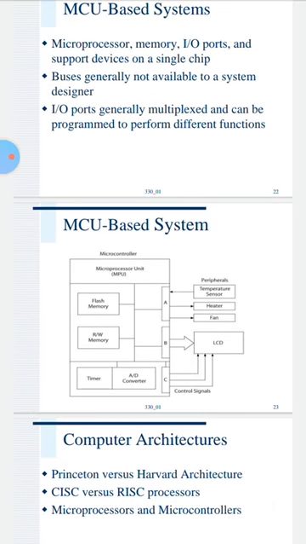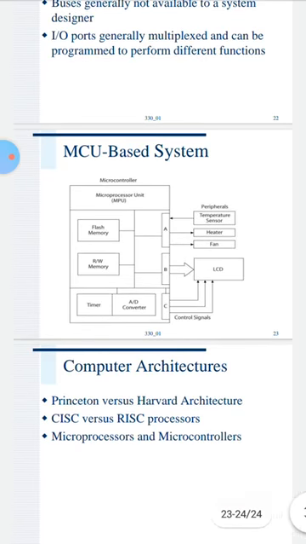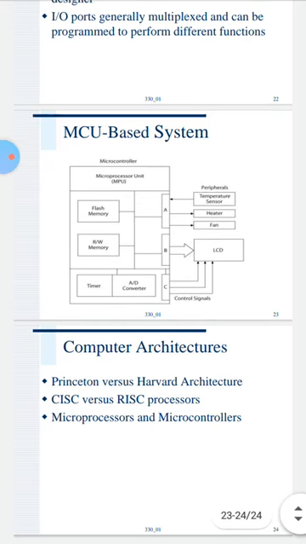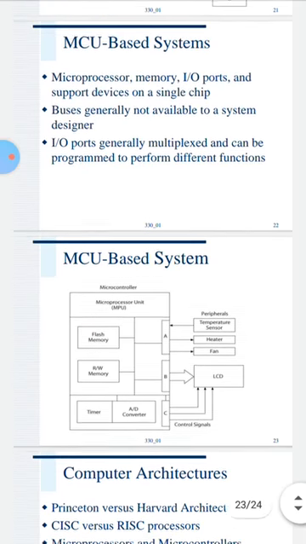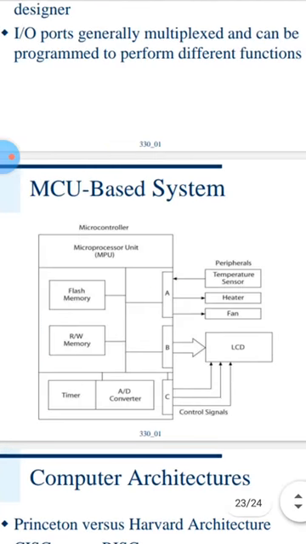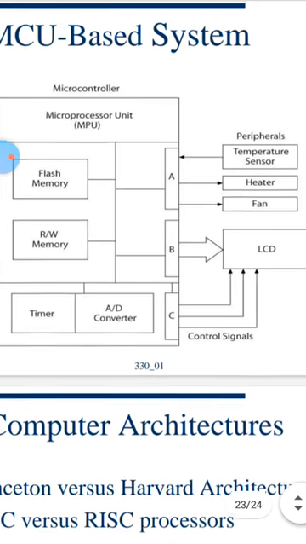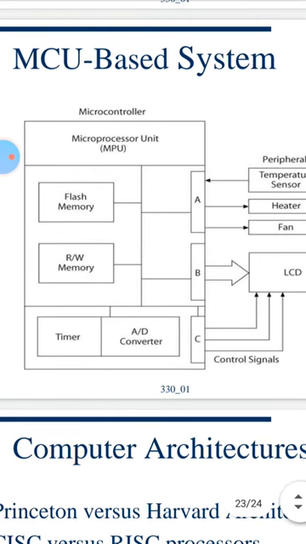Now, computer architectures. We study Princeton versus Harvard architecture, CISC, RISC processor, microprocessor, and microcontroller. And in this MCU-based system, you have seen microcontroller, microprocessor unit. Inside microcontroller, we have a microprocessor, flash memory, read-write memory, timers, analog to digital converters.